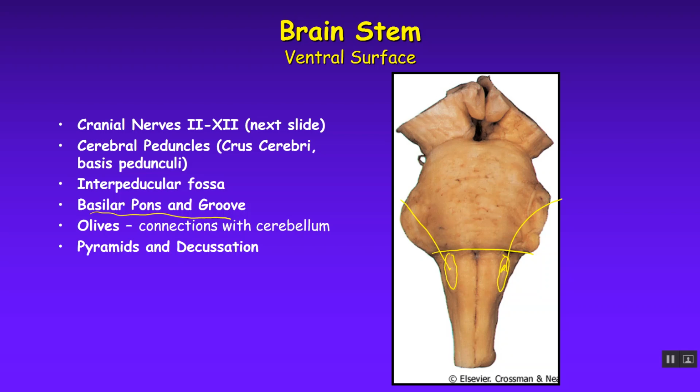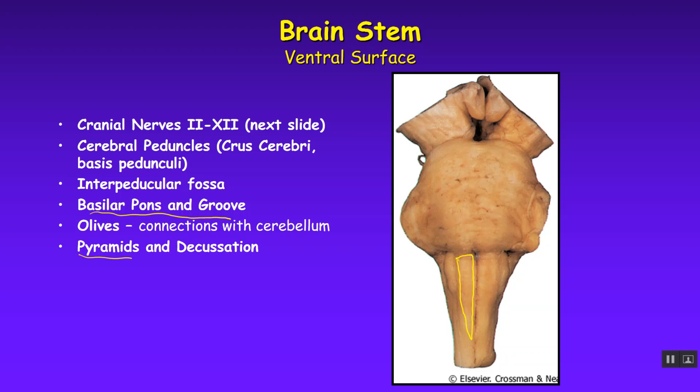When we start talking about cerebellar function and unconscious coordination and sensation, we'll talk about the olives and some cells that originate in the olives that go and connect with your cerebellum to help process unconscious proprioception and coordination.